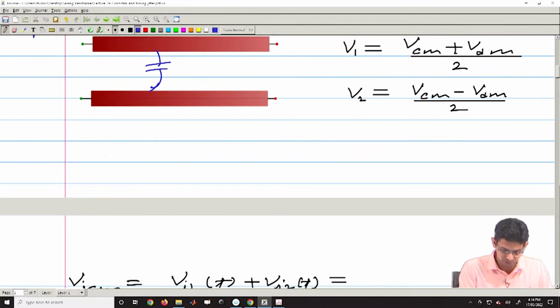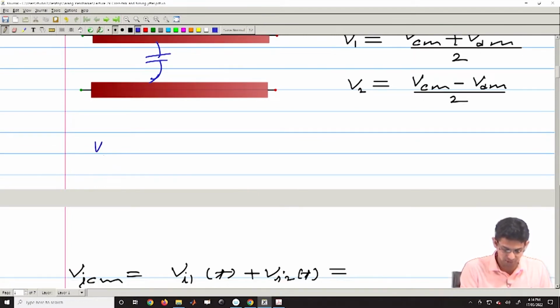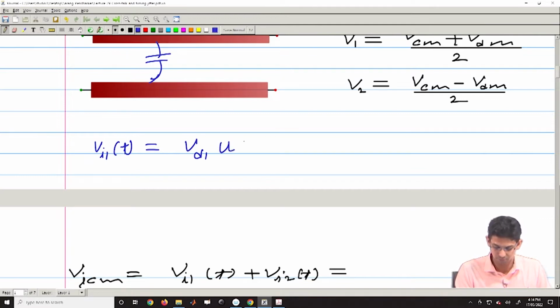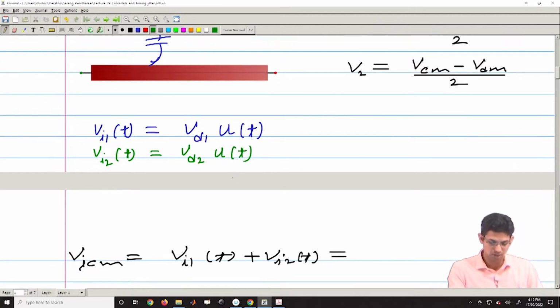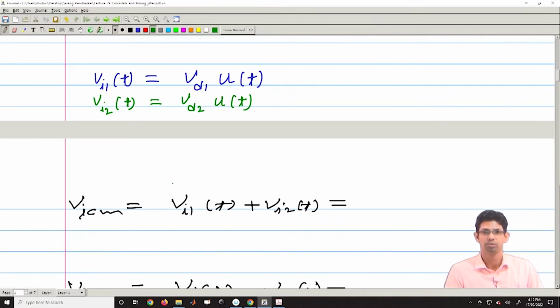So, what we will assume here is that my Vin1 of t is equal to Vd1 u(t) and my Vin2 of t is equal to Vd2 u(t). Now, as a first step I have to define the input voltage.